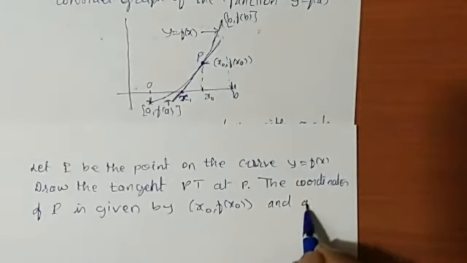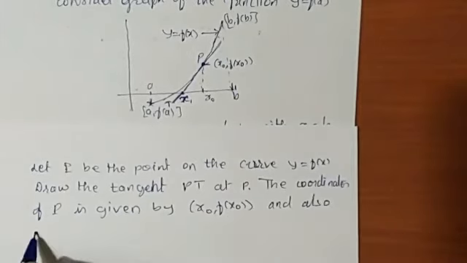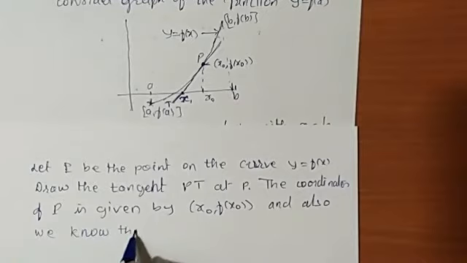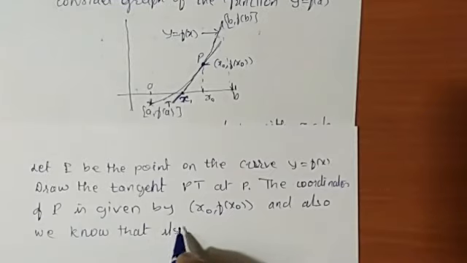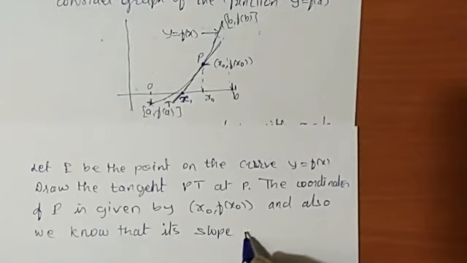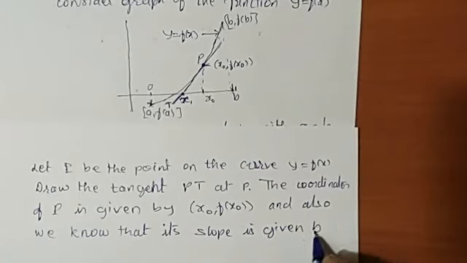And also, we know that its slope is given by f dash of x naught, because this is the geometrical meaning of differentiation, that is dy by dx.